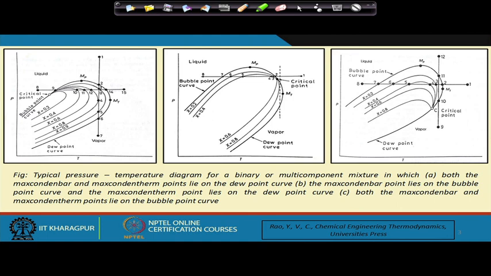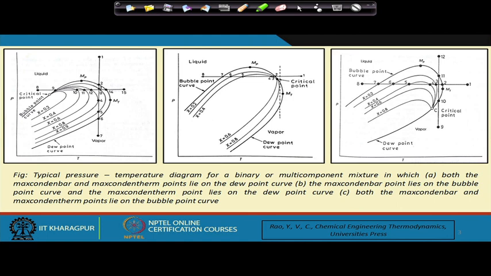critical point is the point of highest pressure and temperature conditions under which the liquid and the vapor can coexist. In this case also, the critical point is the point of intersection of the bubble point curve and the dew point curve, but it does not signify the highest temperature and pressure condition under which the liquid and vapor can coexist.